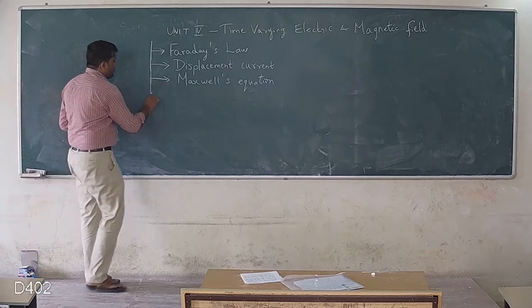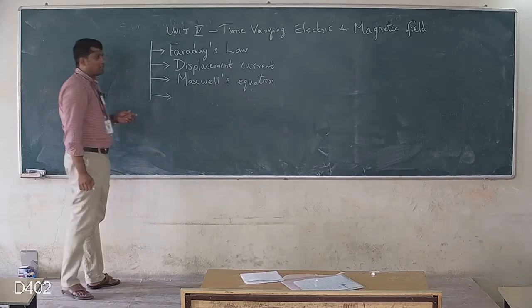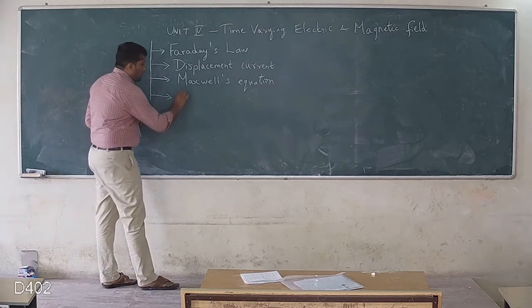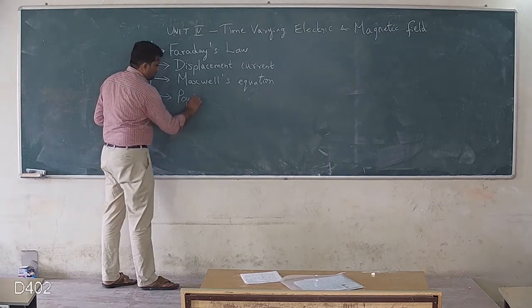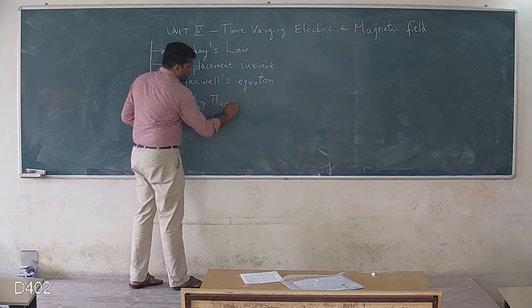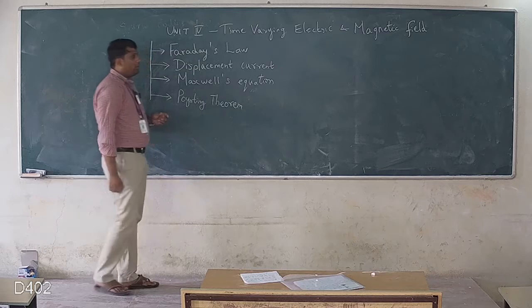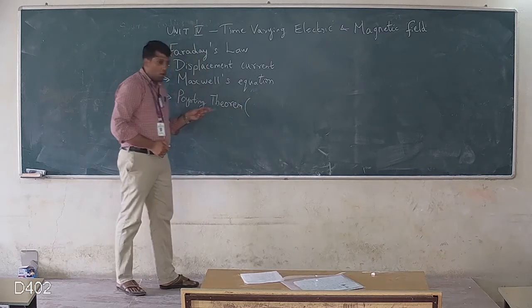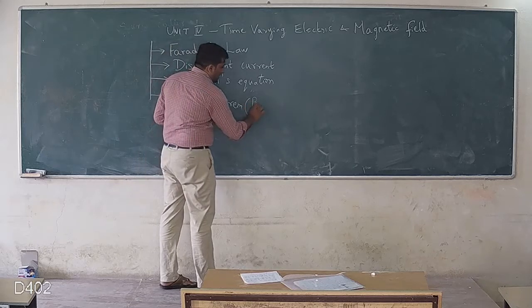Next is the important theorem. After knowing Maxwell's equations, we will go into the power calculation by using Poynting theorem, and along with the theorem we will also discuss the Poynting vector.